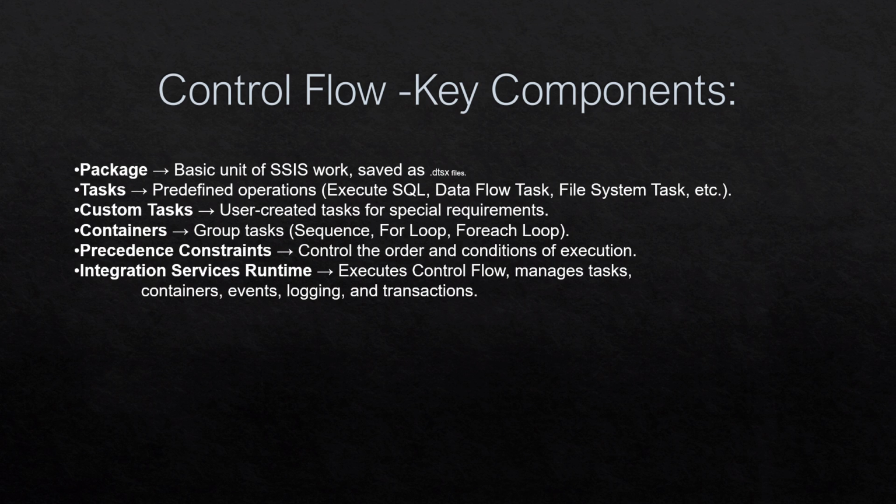Containers group the tasks together. They are sequence, for loop and foreach loop. Precedence constraints control the order and conditions of execution. Integration service runtime executes control flow, manages tasks, containers, events, logging and transformations.